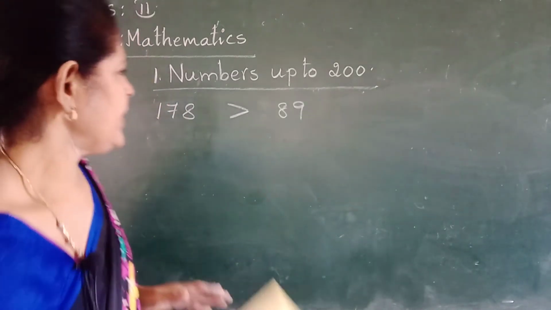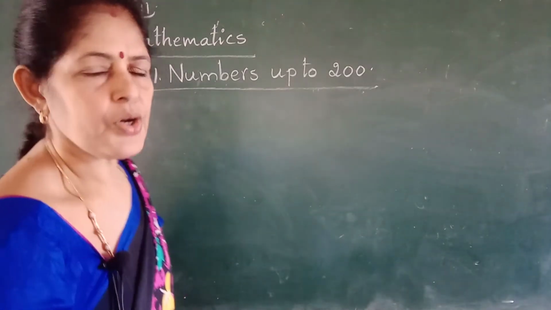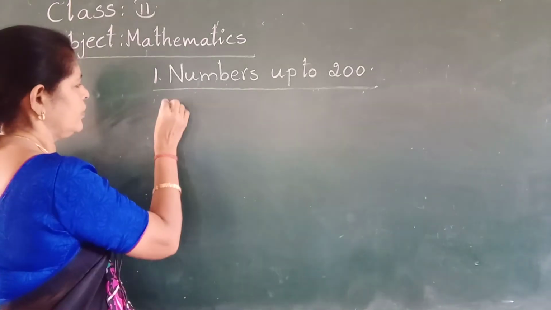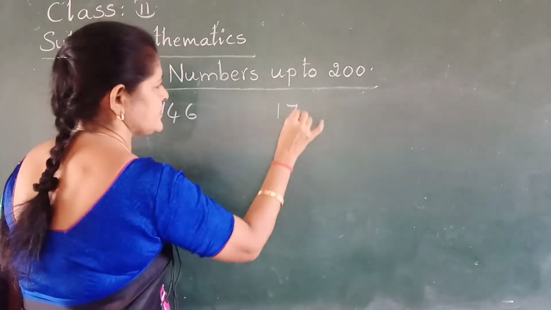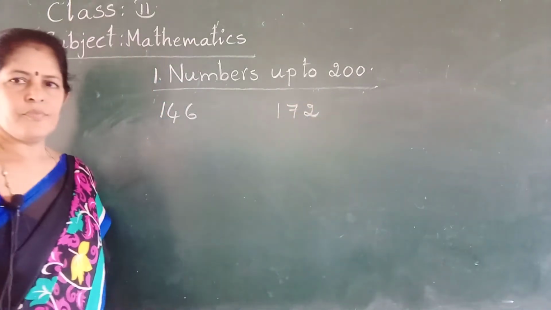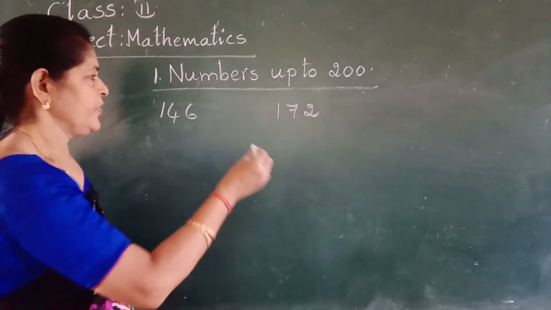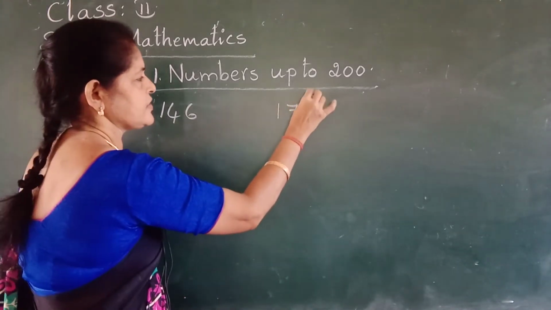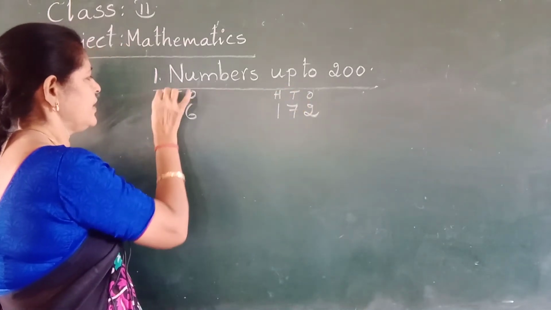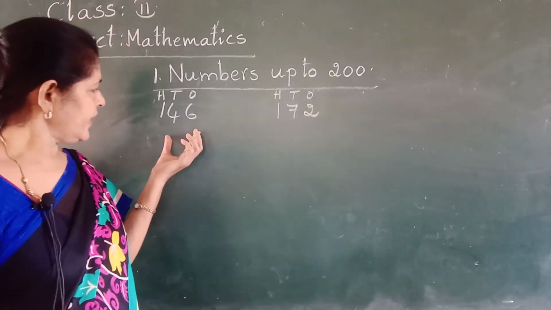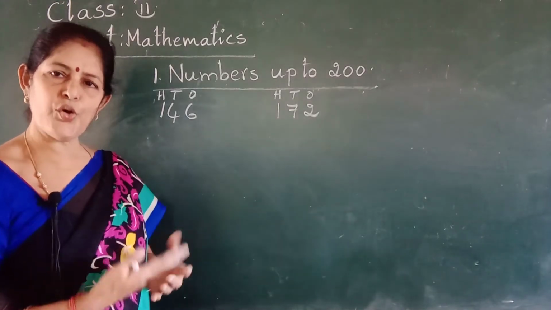Suppose both numbers are 3 digit numbers. Then how to compare? 146 and 172. Now see, both numbers are 3 digit numbers only. First put the places: ones, tens, hundreds. How are we going to compare?